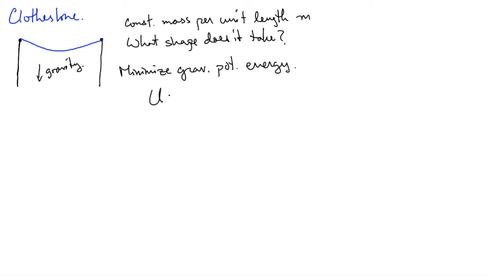So what does the minimum gravitational potential energy look like? Let's call it U. This is the integral from x1 to x2 over x of our mass per unit length, times the acceleration constant, so this is 9.8 meters per second squared, not a constraint function, times the square root of 1 plus y prime squared.